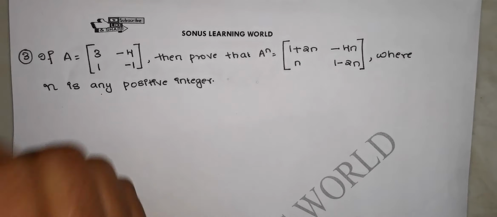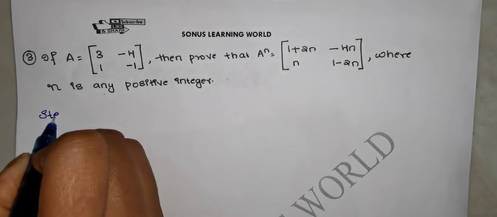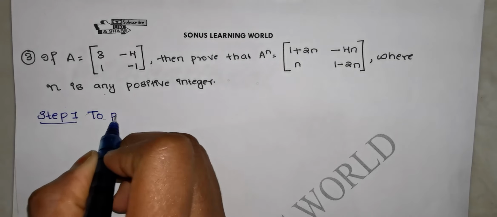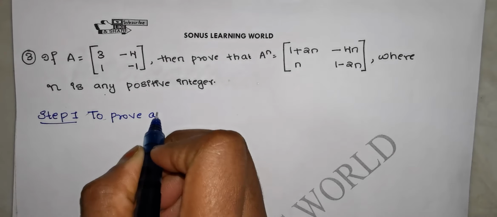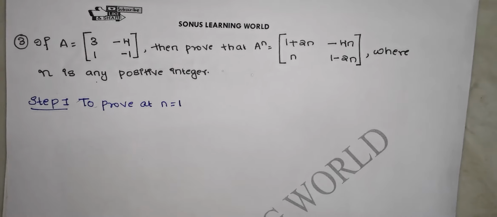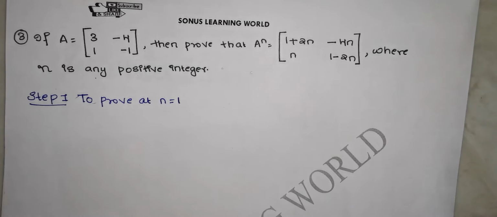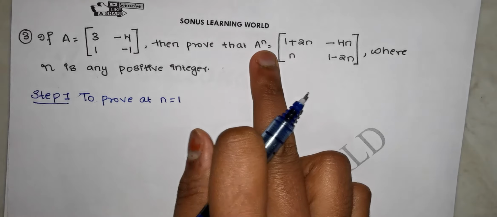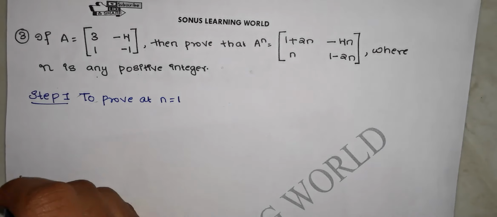So what is our first step, students? Step 1: to prove for n is equal to 1. So let us find for n is equal to 1. Here, instead of n we are substituting 1.